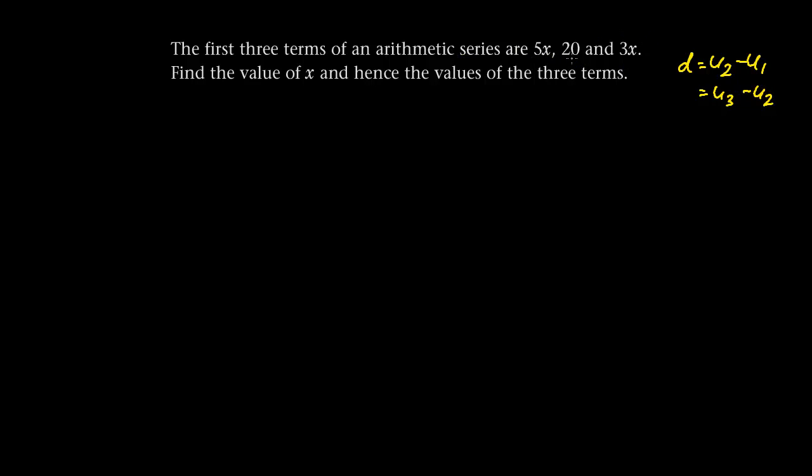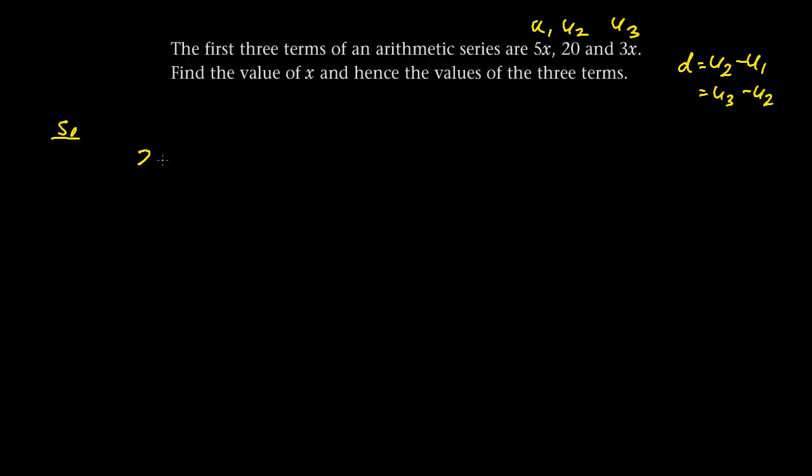We know these are consecutive terms, one after the other. It could be first, second, third, or 8th, 9th, 10th, whatever it is, it should be one after the other, or consecutive terms. So here we have three consecutive terms and they're the first three terms. This is U sub 1, this is U sub 2, and this is U sub 3.